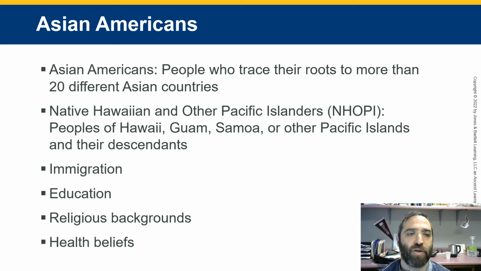So this is going to include Native Hawaiians and other Pacific Islanders, peoples of Hawaii, Guam, Samoa, Pacific Islanders and their descendants, as well as people from Japan and Korea and China and India and Vietnam, places like that.